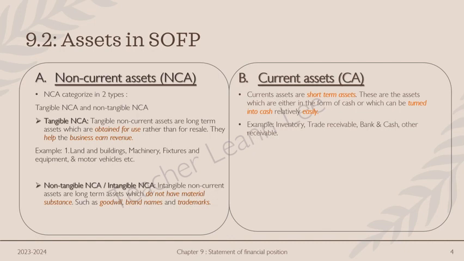For example, land and buildings, machinery to help you make the products you want to sell, fixtures and fittings, equipment such as printers and laptops for your staff to use and make the orders, and motor vehicle for delivery purpose, and so on.